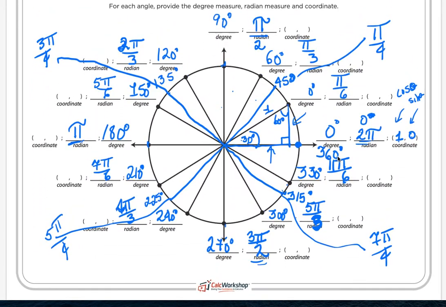But it turns out that if you use 1 as your hypotenuse now, and you know that your short side is half of the long side. And remember, the long side is the square root of 3 times the short side. So this means that's the square root of 3 over 2.